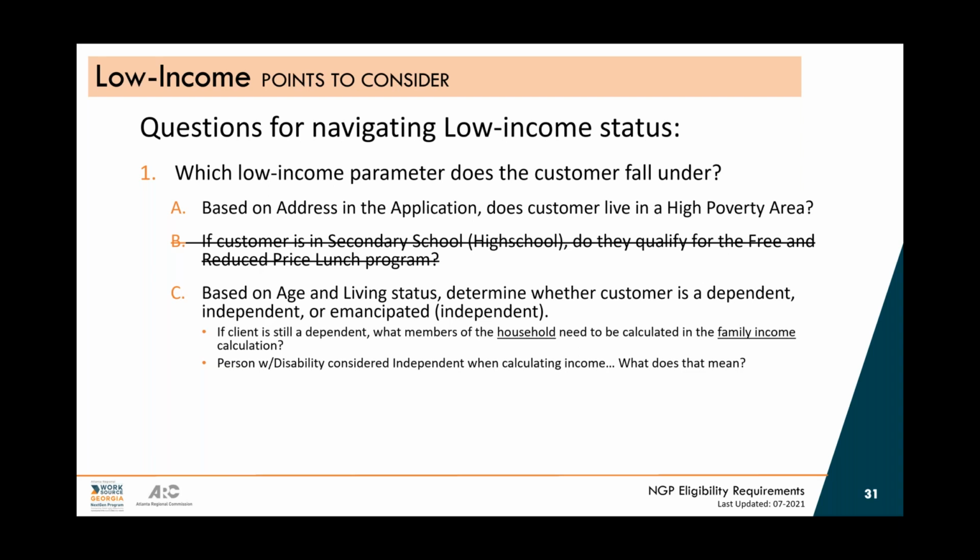So it's important to define whether they are dependent, independent, or emancipated, to prove that you only need to look at their income and not their whole family's income, because the people who live with them do not help support them. And also a person with a disability can be considered a family of one.